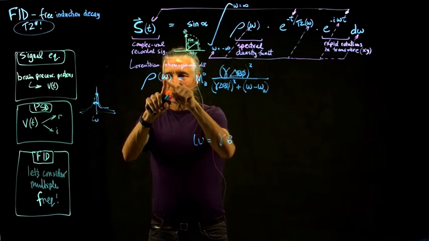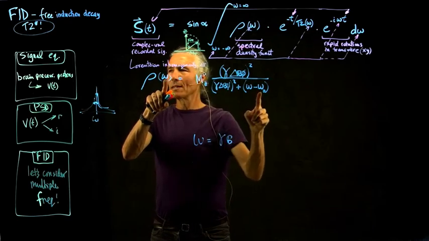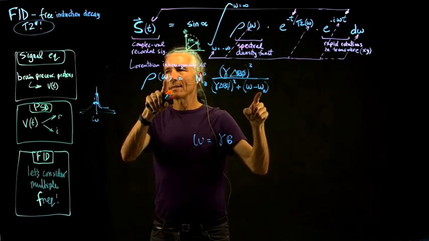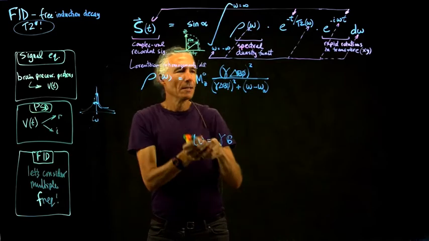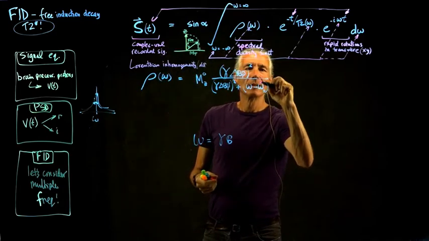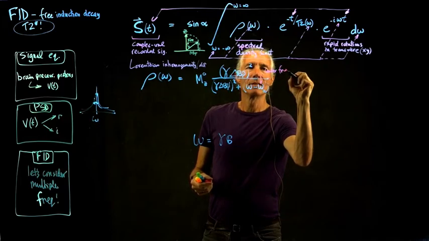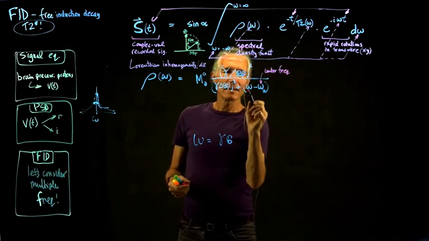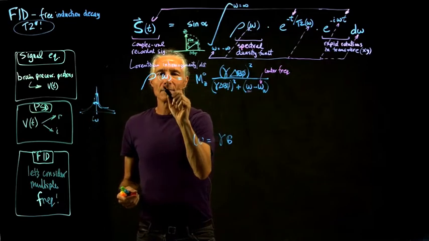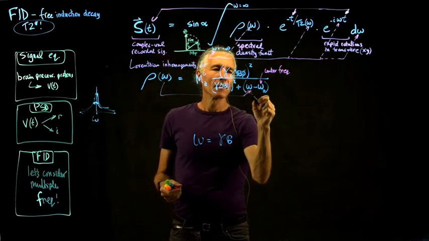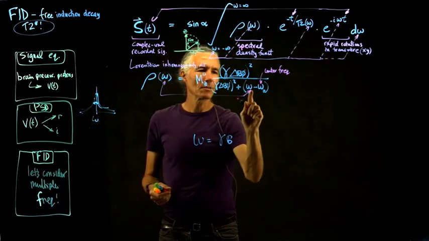Again, look at this. This is W. Omega 0 is the center frequency, that's the transmitter frequency. This guy is the variable, and that's the only variable.